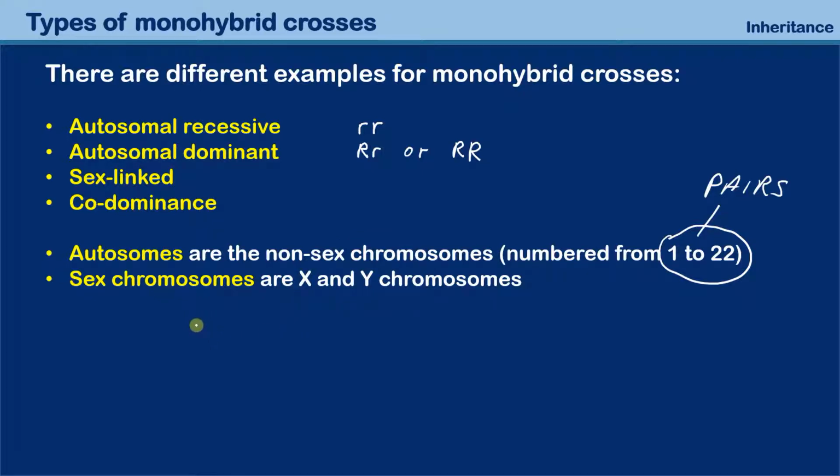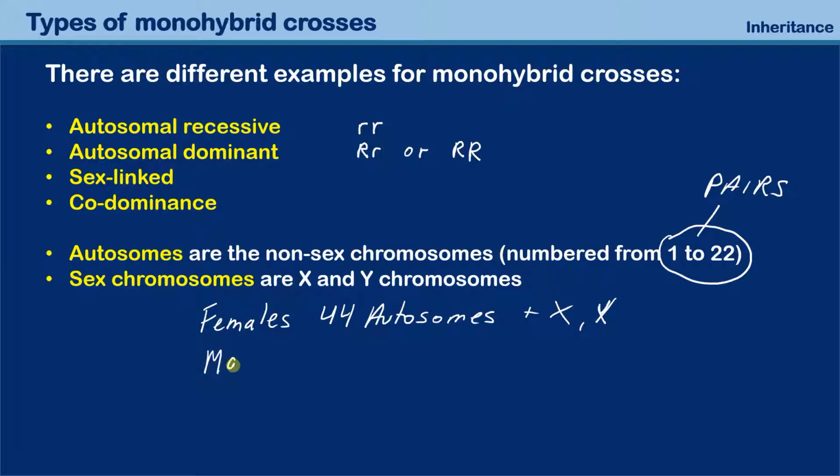And in females, you have 2 X chromosomes in addition to your 44 autosomes, so 44 plus X and another X chromosome. We're talking about females here.